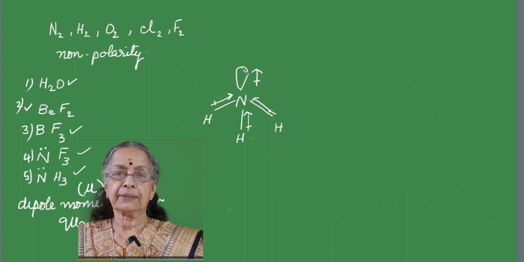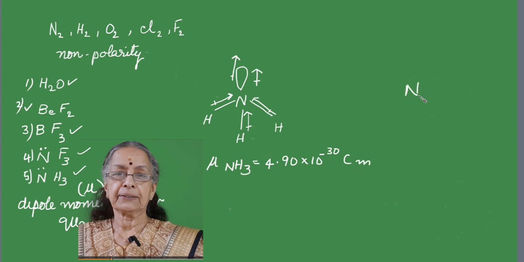The orbital dipole moment due to the lone pair also will be in the same direction, directed upward. The net dipole moment of the ammonia molecule will be the vector sum of these 2 dipole moments, which is equal to 4.90 into 10 raised to minus 30 coulomb meter.